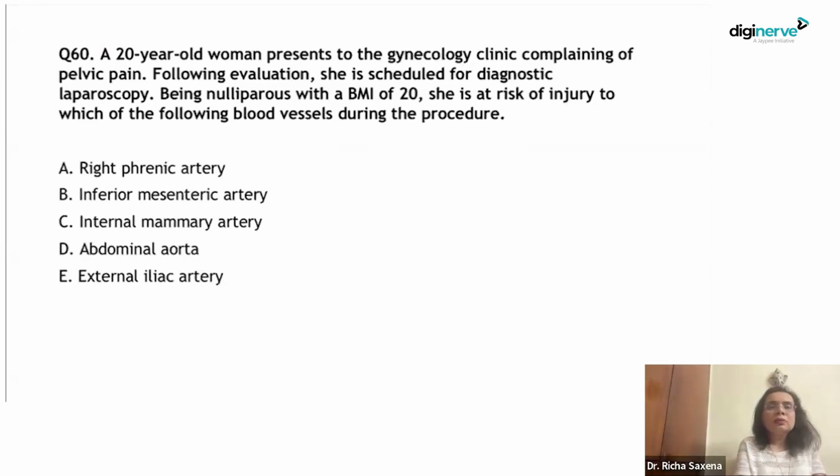Mind that her BMI is 20, so she is a very thin patient. In such a case, which blood vessel is most likely to get injured? Yes, the abdominal aorta. If you insert the trocar with too much force, it can probably hit the abdominal aorta, which can even be fatal in this case.